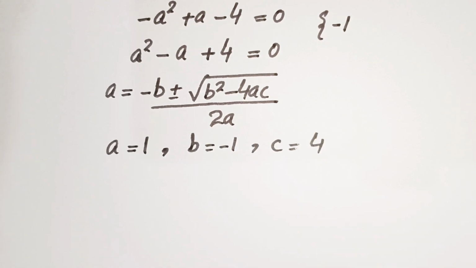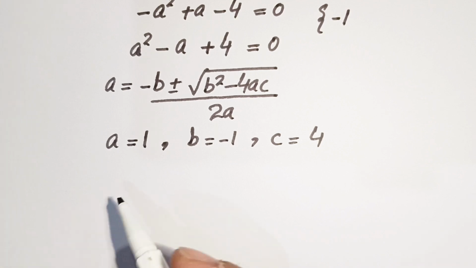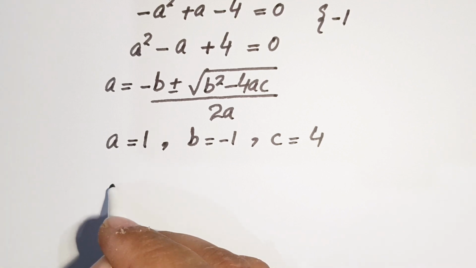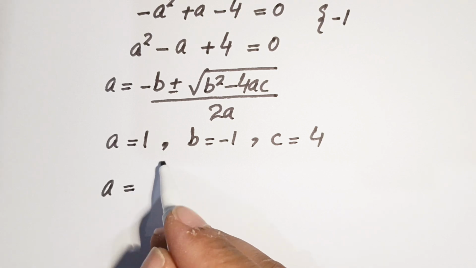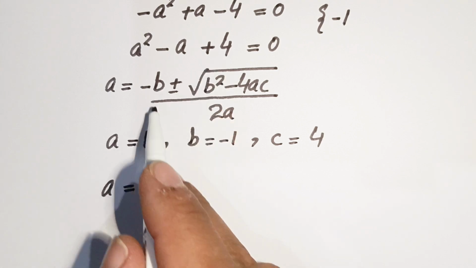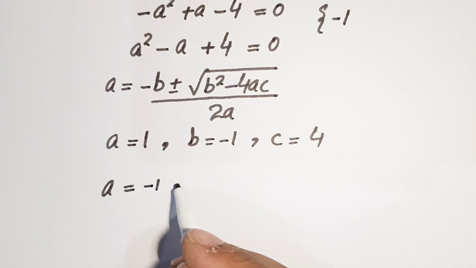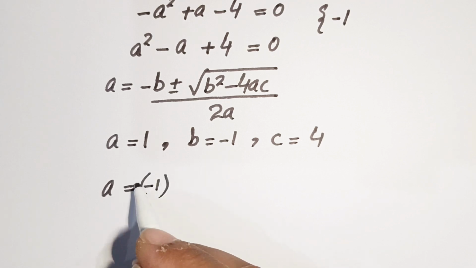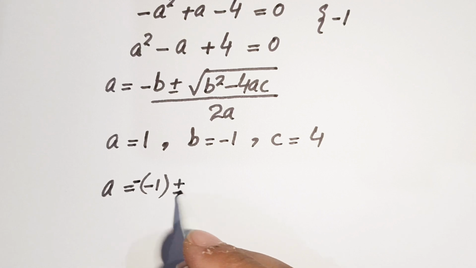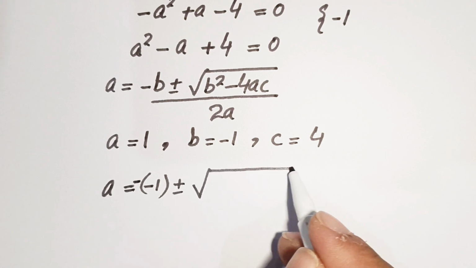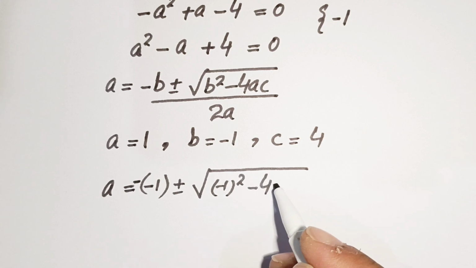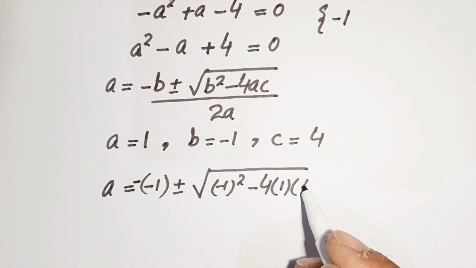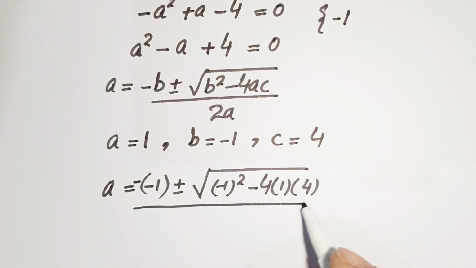So now a is equal to minus b, the value of minus b is minus 1, so we put minus 1 times minus, plus minus square root of minus 1 whole squared minus 4 times a is 1 and c is 4 all over 2 times a is 1.